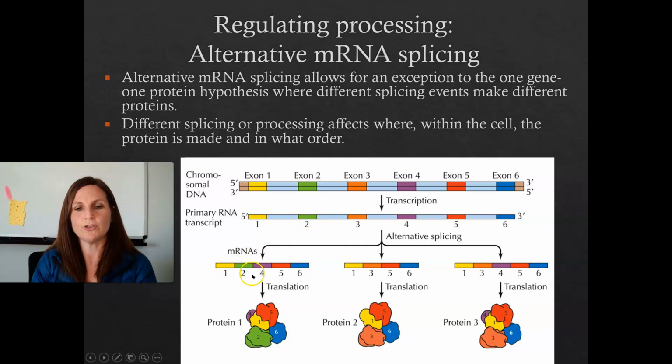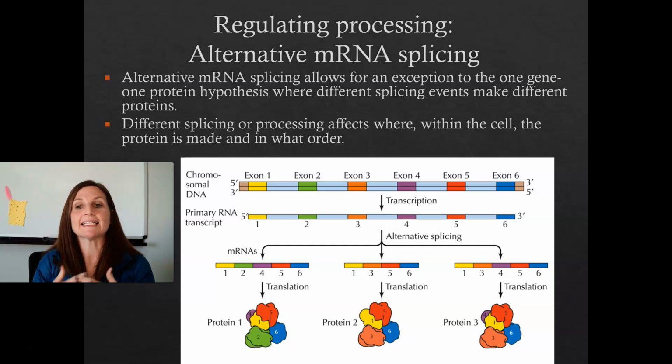So see, it goes 1, 2, 4, 5, 6. In my second protein, I remove exon 2 and 4, and so that makes a different protein. And in my last protein, protein 3, I remove exon 2, and so that makes yet a third protein from this one piece of mRNA.